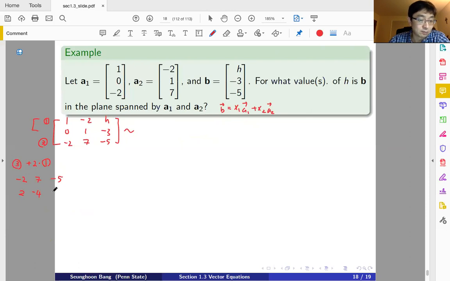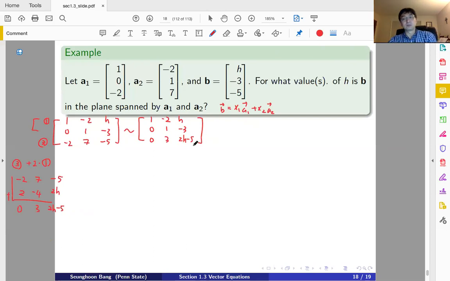We add it and get 0, 3, 2h minus 5. So the top one is 1, negative 2, h, the next one 0, 1, negative 3, and this one 0, 3, 2h minus 5.